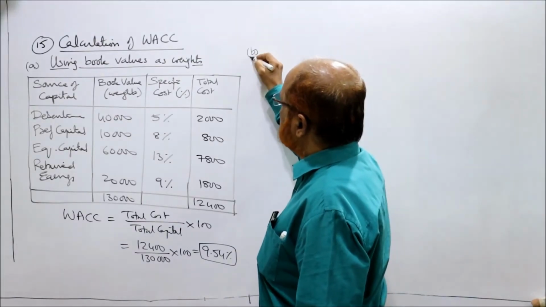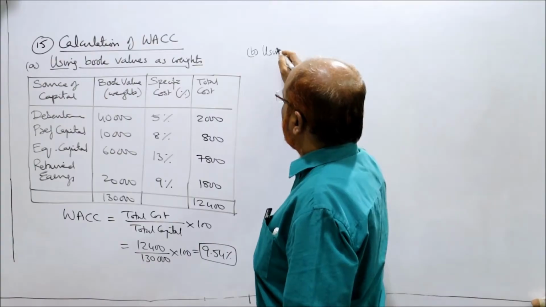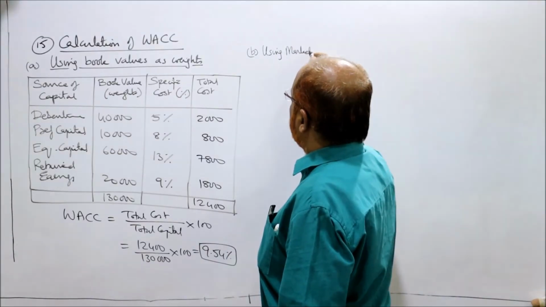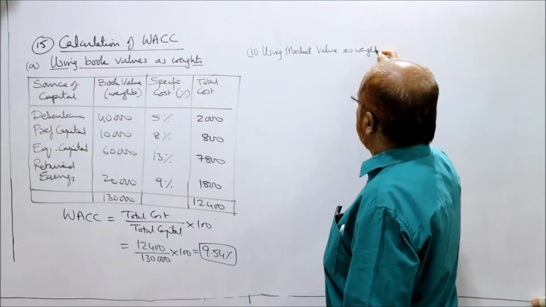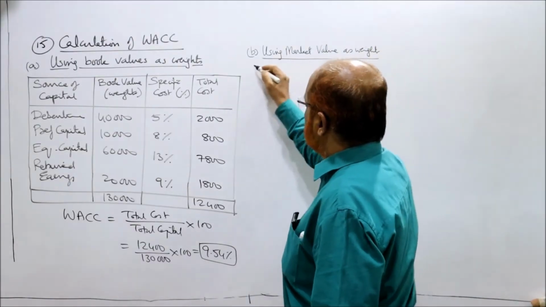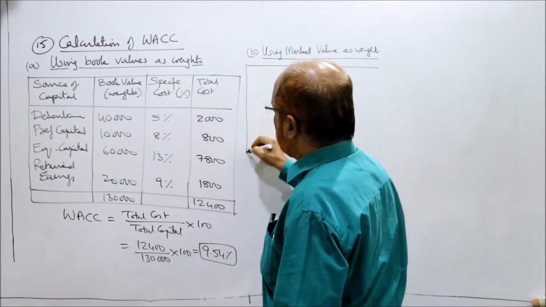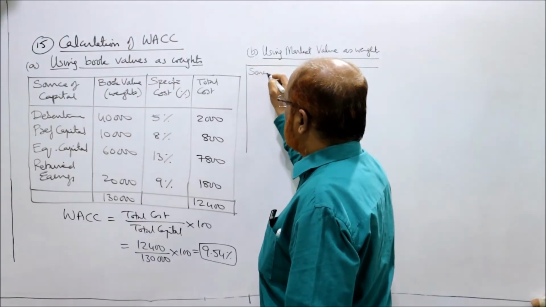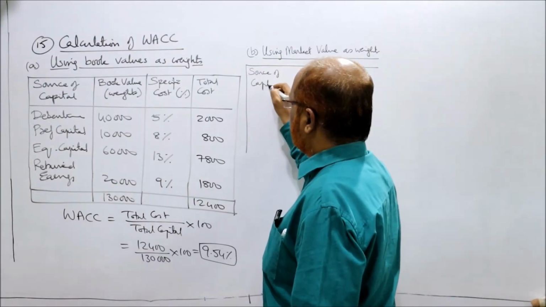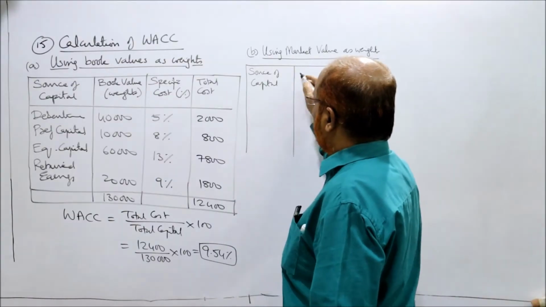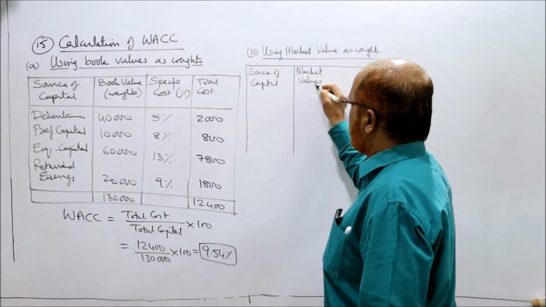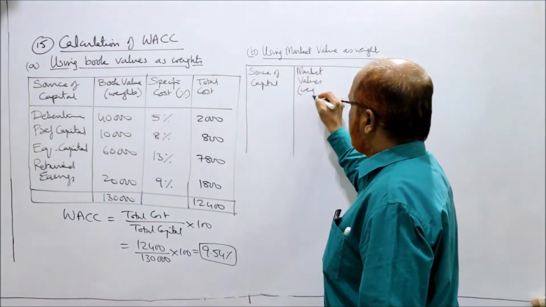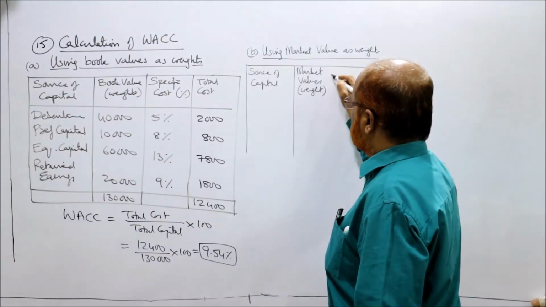Now second is using market value as weights. First one we have taken book value as weights. Secondly, we have to take the market value as weights. The source of capital. Then we have market values. Weights.